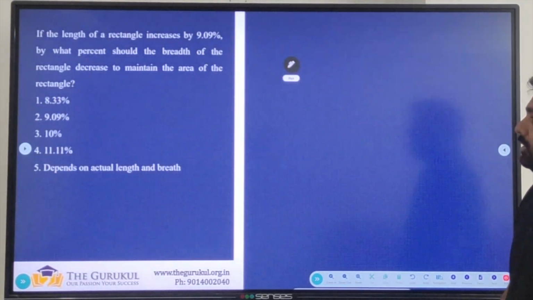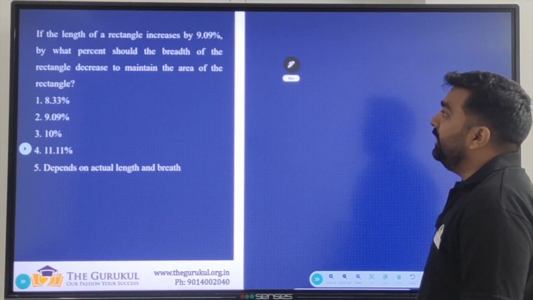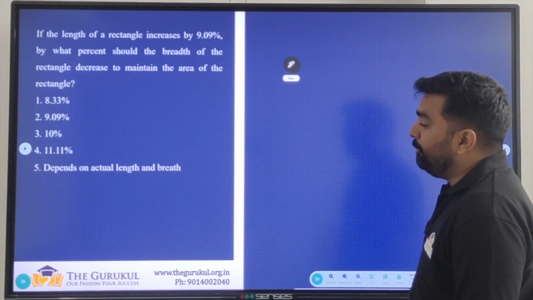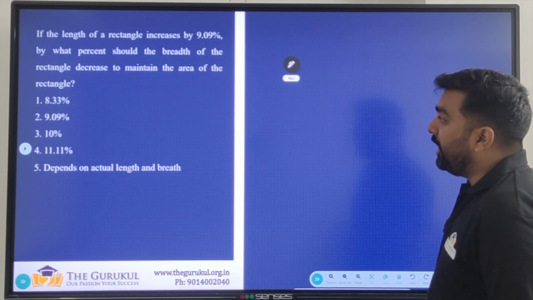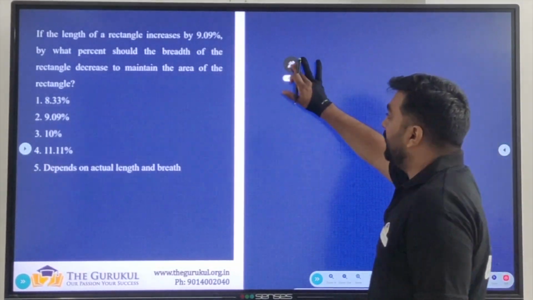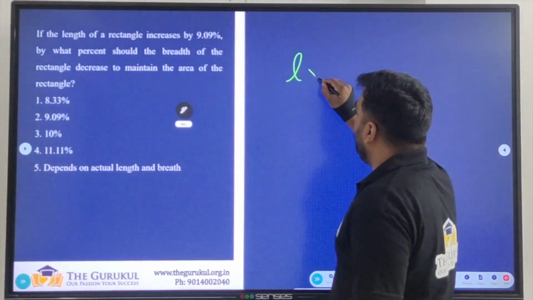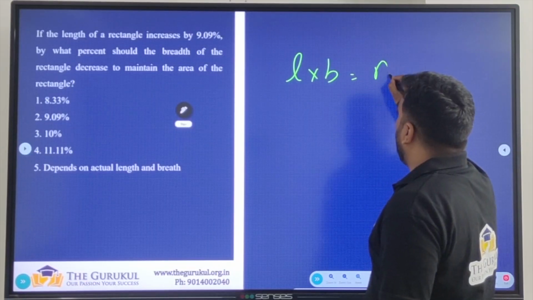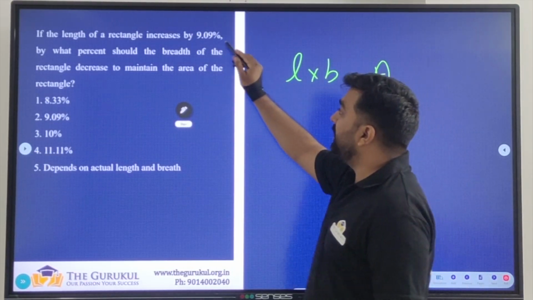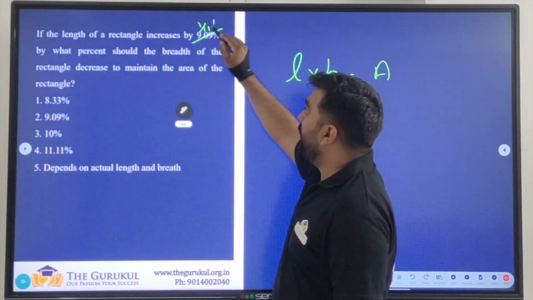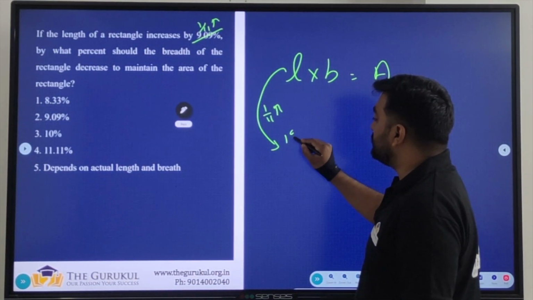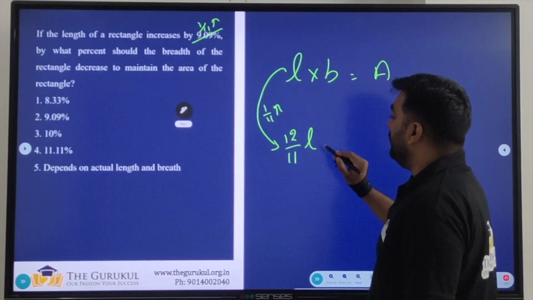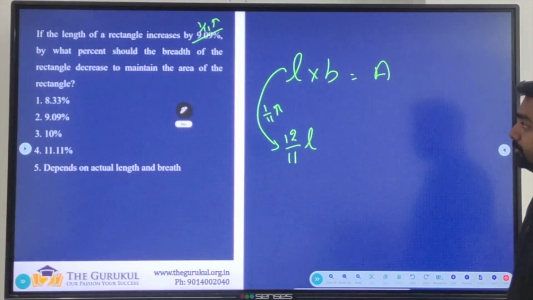Let's look at one more example. If the length of the rectangle increases by 9.09%, by what percentage should the breadth of the rectangle decrease to maintain the area of the rectangle? Length into breadth equals area. Length increases by 9.09, 1 by 11 increase. If it is 1 by 11 increase, 12 by 11 L is the new number.